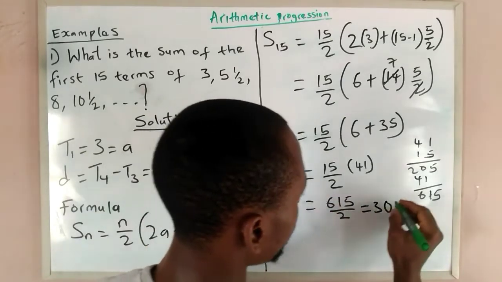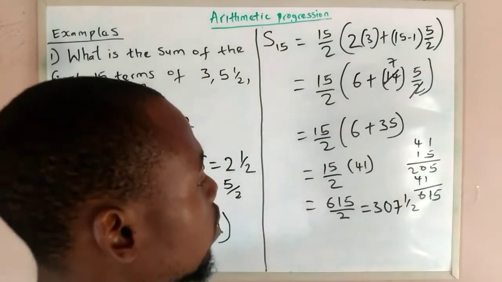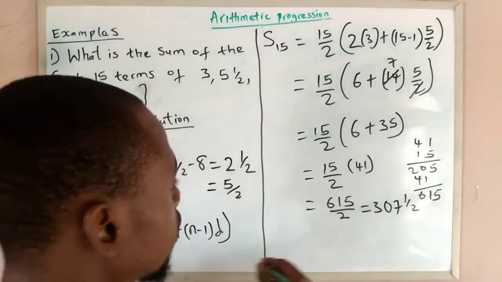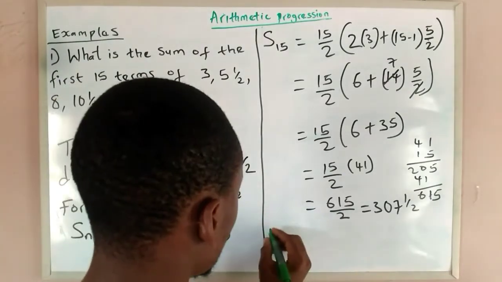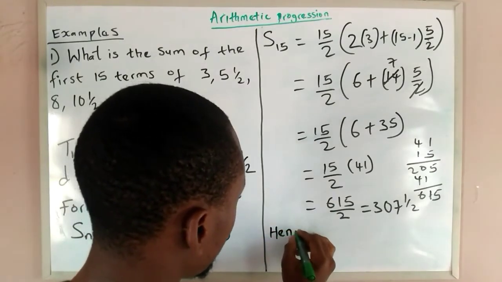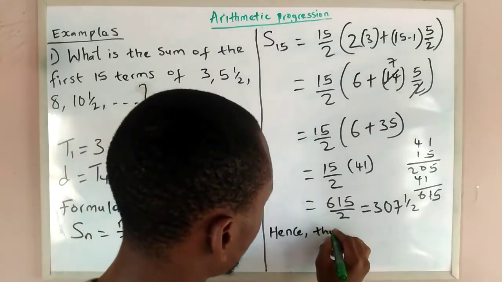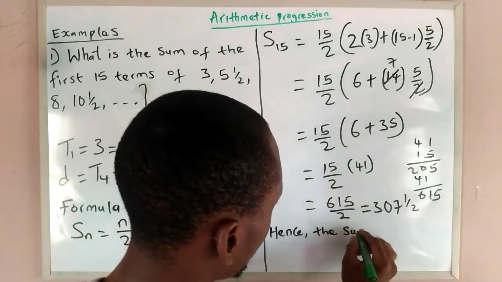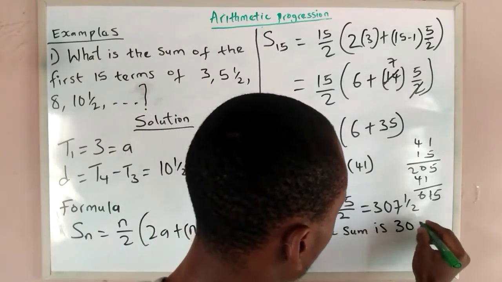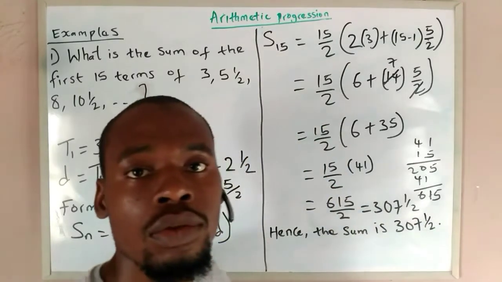So 2 in 15, that will be 7. So we have 307 1/2. So this is still the same thing as the sum of the first 15 terms. Hence, the sum is 307 1/2.